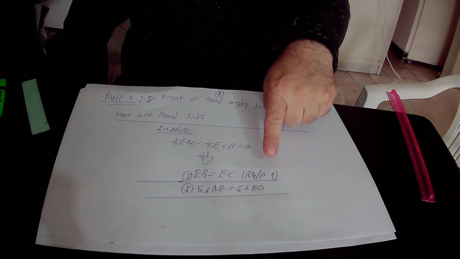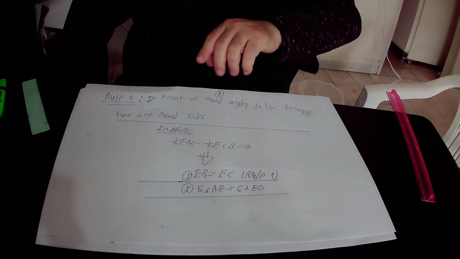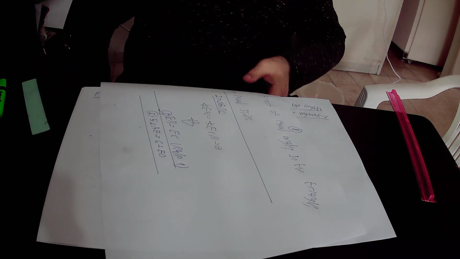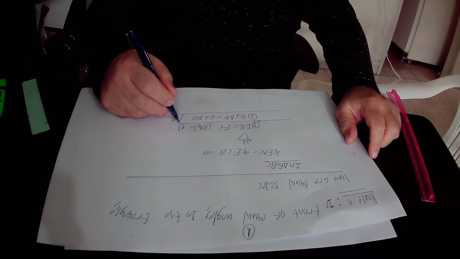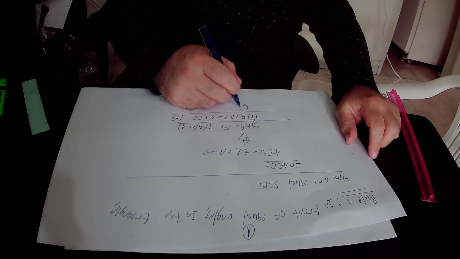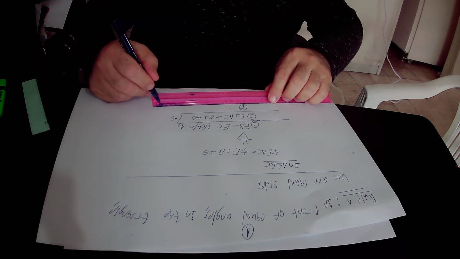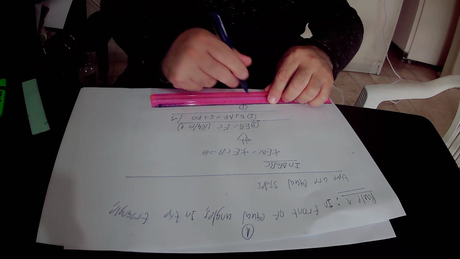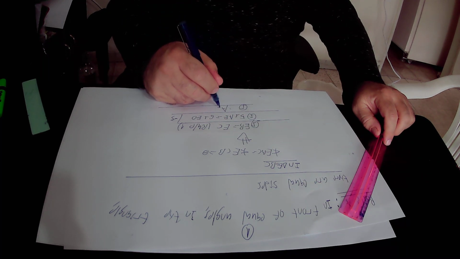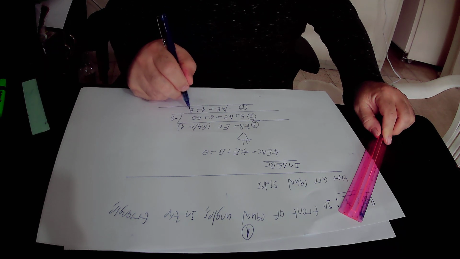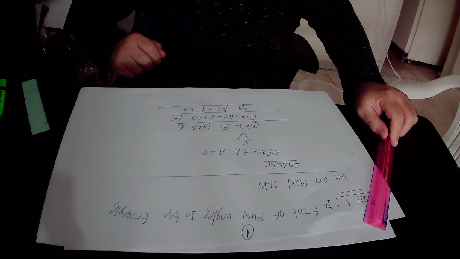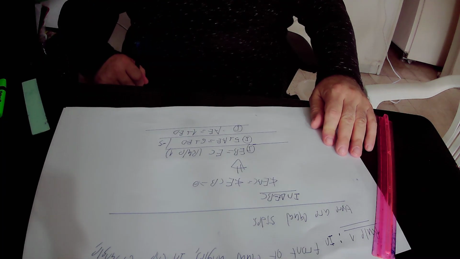We will subtract 5 from this equation, and we will get that, according to equation number 1, AE equals 1 plus ED.